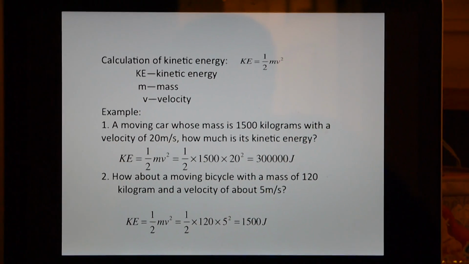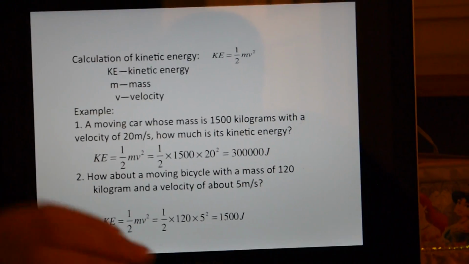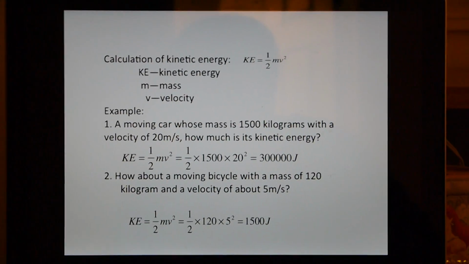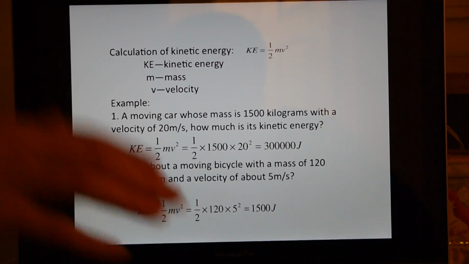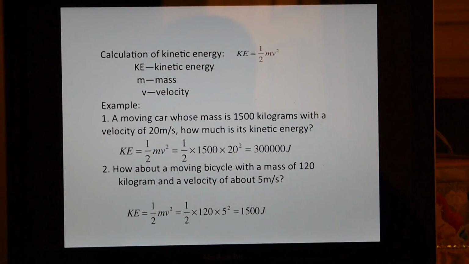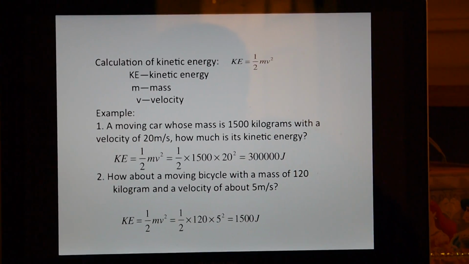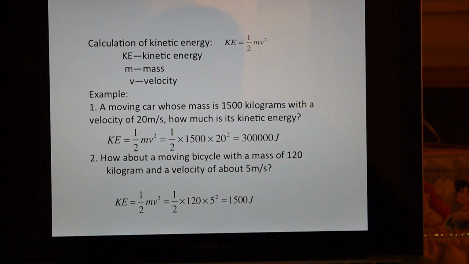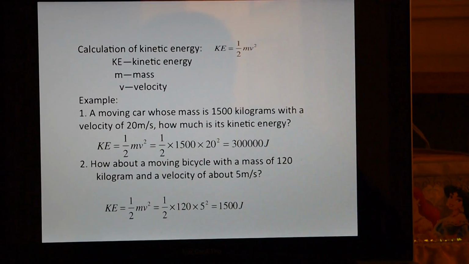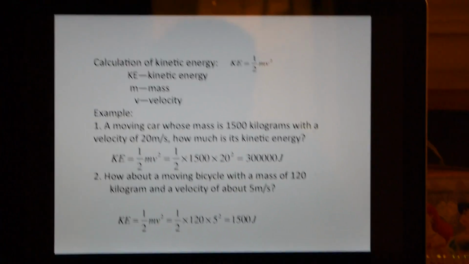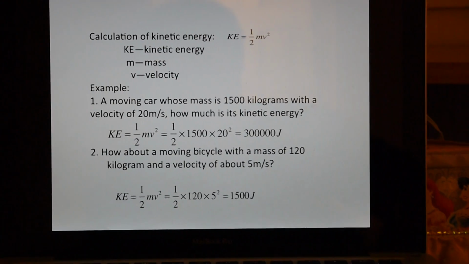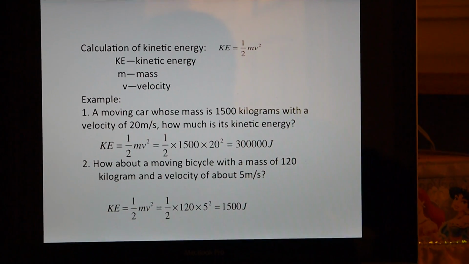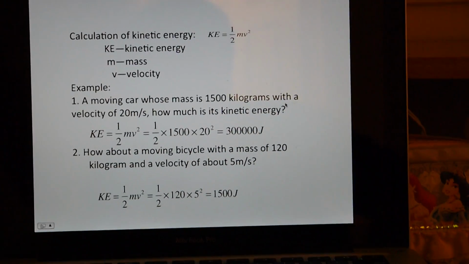How can we use the formula to calculate kinetic energy? I will give you 2 examples. First, a moving car whose mass is 1,500 kilograms and with a velocity of about 20 meters per second. How much is its kinetic energy? So, what do we know about this question?